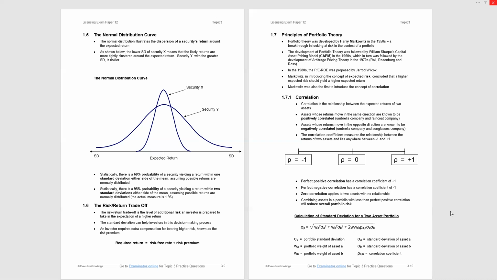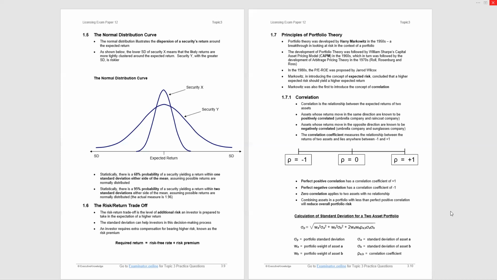It's the weighting of the first asset, A, squared, multiplied by the standard deviation of the first asset, A, squared, plus the weighting of the second asset, B, squared, multiplied by the standard deviation of the second asset, B, squared. The weighting would be 0.5, 0.6, whatever. If it was two assets and it's 0.5, it's going to be 0.5, 0.5, half each.